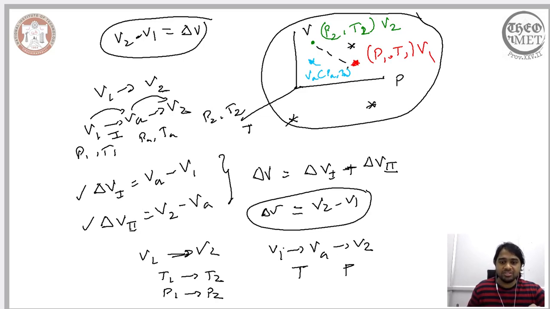By breaking down the entire change in the state of the system into smaller fragments, instead of considering the change in both variables, temperature and pressure, together, we can consider a setup wherein only one variable changes. So from V1 to VA, we assume that the temperature is constant, so only the pressure changes in order to bring a change in the volume from V1 to VA. And in the second change, we assume the pressure to be constant and only the temperature changes.